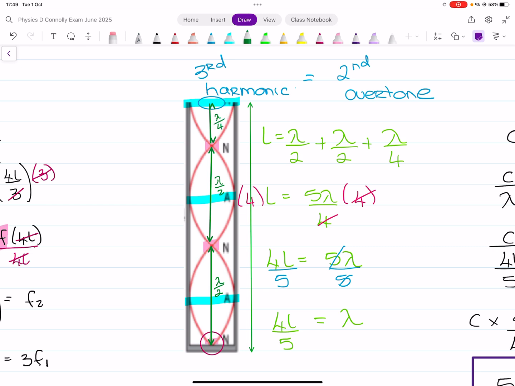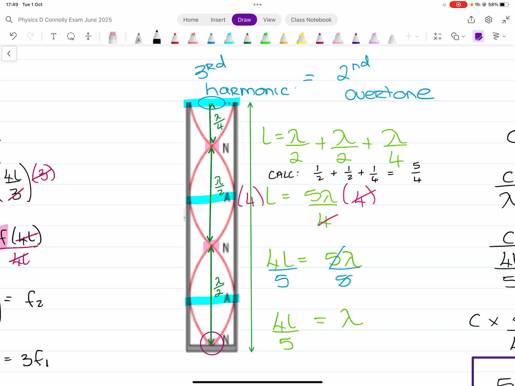So the length of this from top to bottom, you can see it here, is half a wavelength plus half a wavelength plus 1/4 of a wavelength. Again, you can do that on your calculator if you want. Type in 1/2 plus 1/2 plus 1/4, and it will give you 5/4.